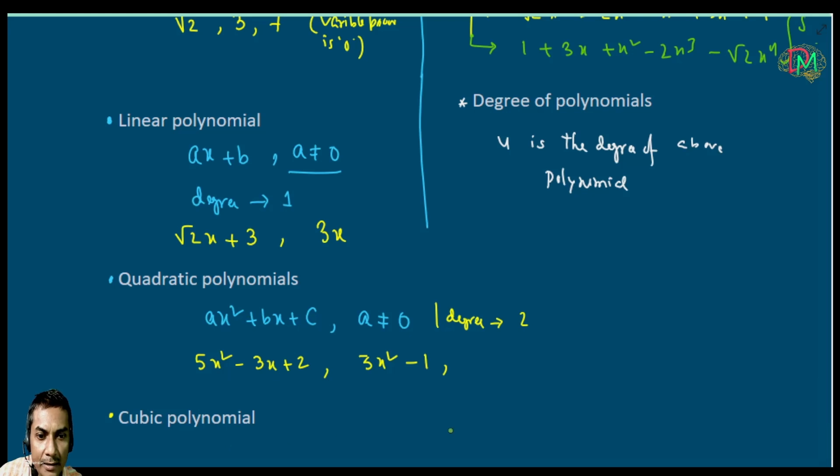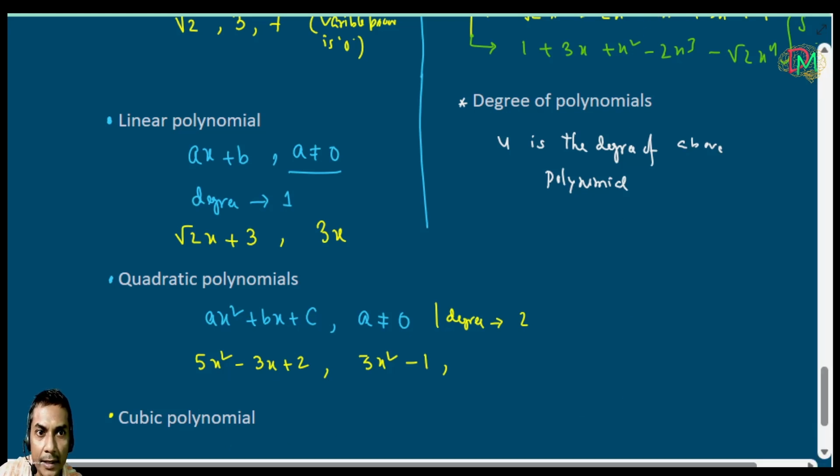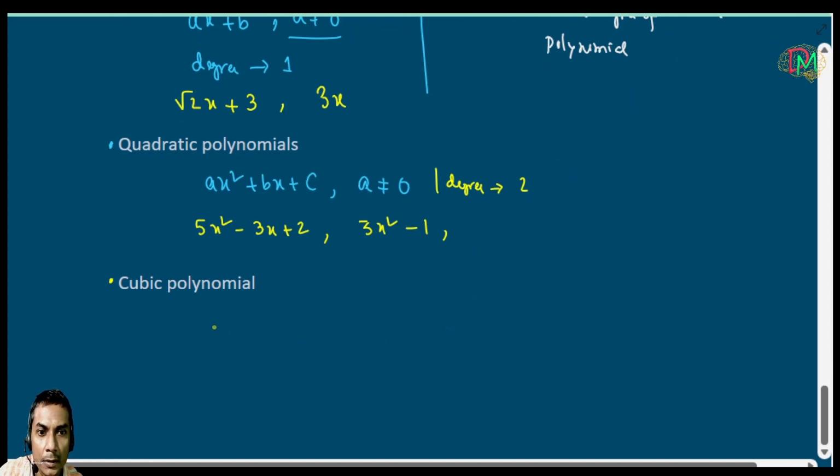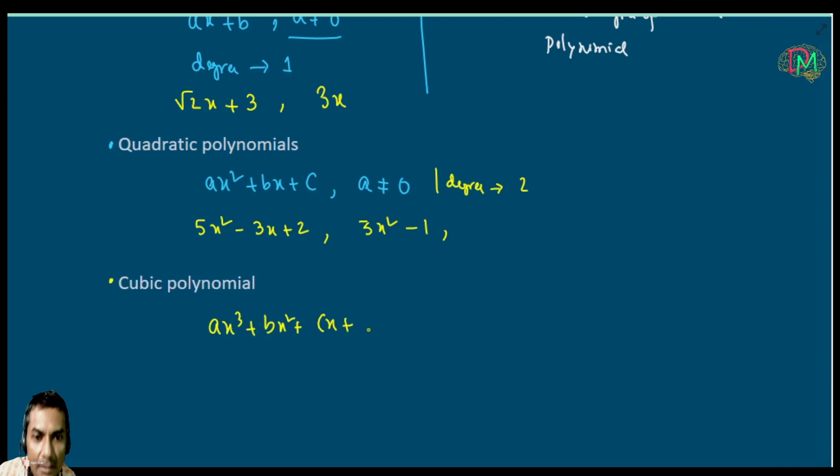You can write ax cube plus bx square plus cx plus d, where a cannot be 0, because the degree means 3. Cubic means 3, degree is 3. So this coefficient a cannot be 0.